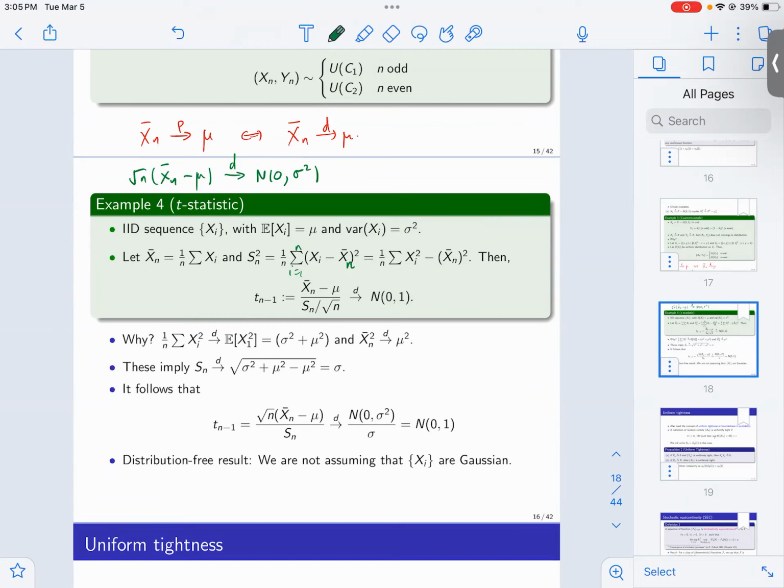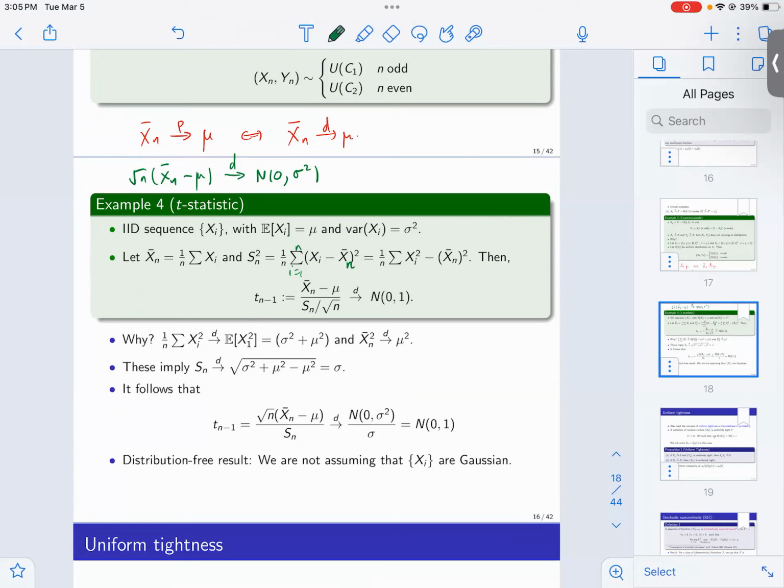The claim I want to show is that (X̄n minus mu) divided by the sample standard deviation converges in distribution to normal 0, 1. If you have seen problems like this, this is the t statistic, or approximately a t statistic.